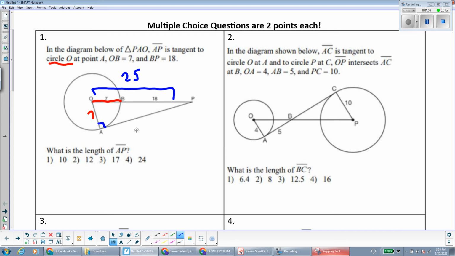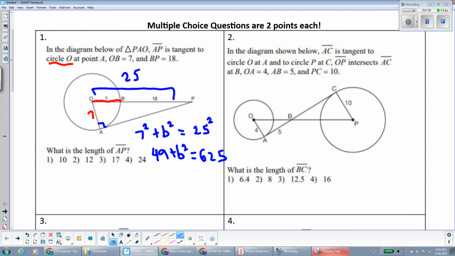So I can do 7 squared, that's one of the legs, plus b squared, we're finding the other leg, is equal to 25 squared. 25 is c because that's the hypotenuse. So we have 49 plus b squared is equal to 25 squared, which is 625.